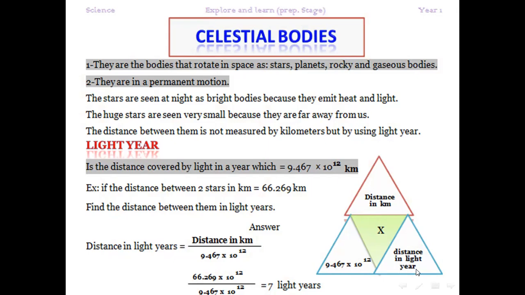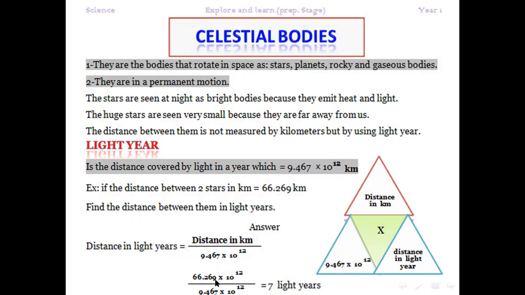In order to measure the distance in light year, you have to divide the distance in kilometer by this number. Distance in kilometer, 66.269 kilometer.